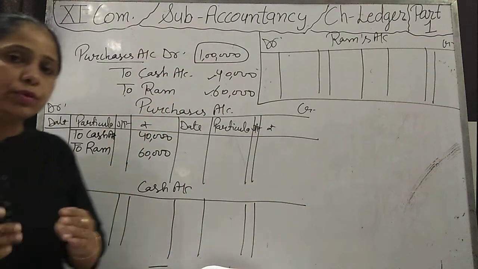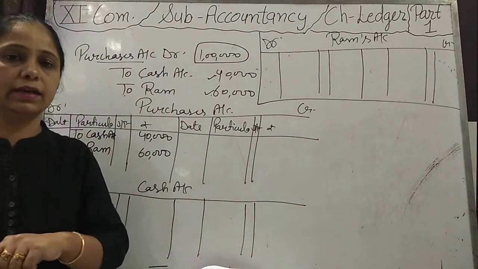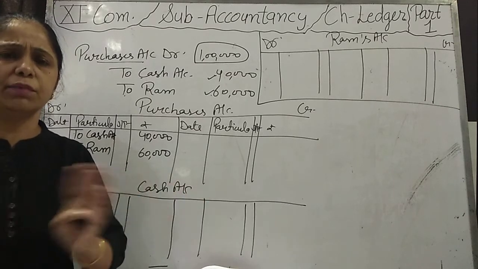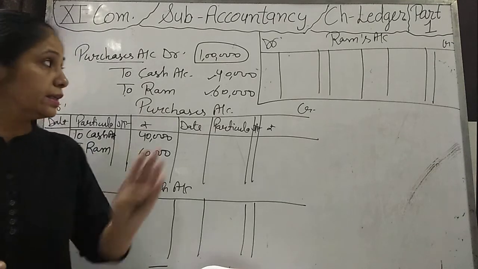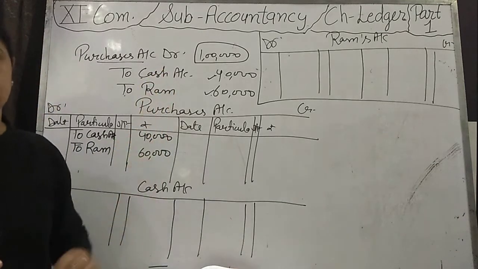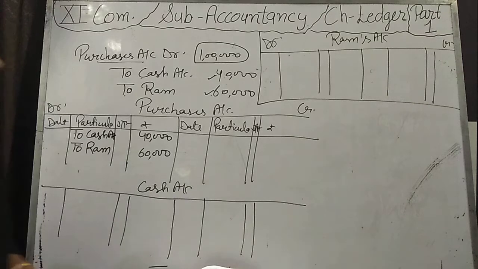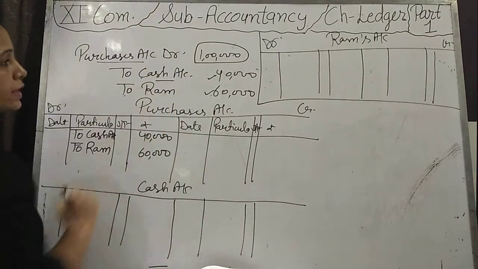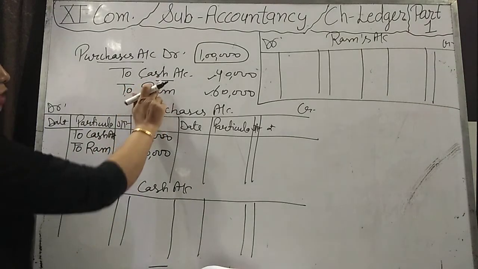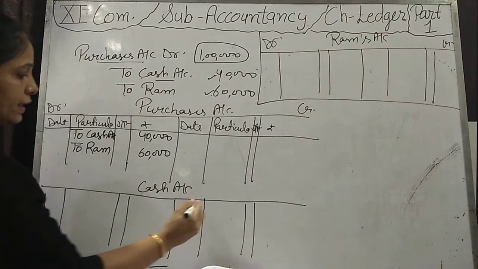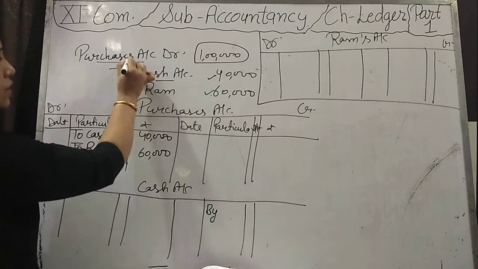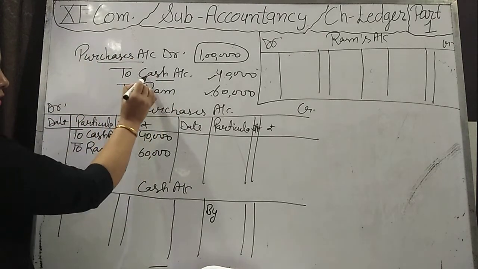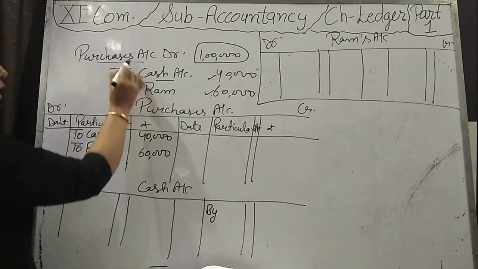There is a link between the debit and credit. Not debit and debit के बीच में आपस में कोई link नहीं होता है. Not affecting these both accounts to each other. Okay. So now the second account is cash account. Cash account is credit. So in credit side we will write by purchases, जिसके कारण वो डेबिट है.